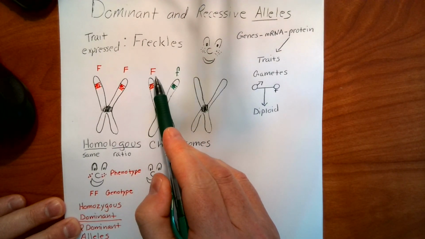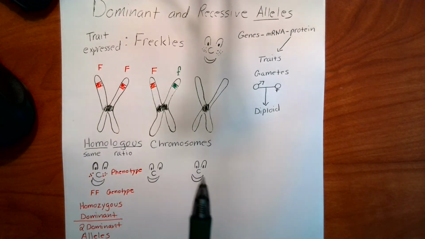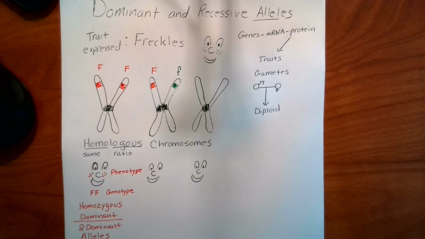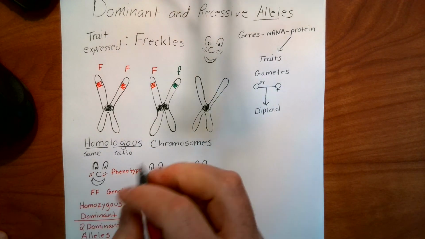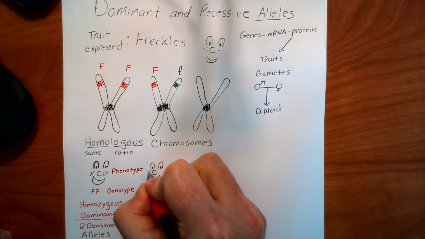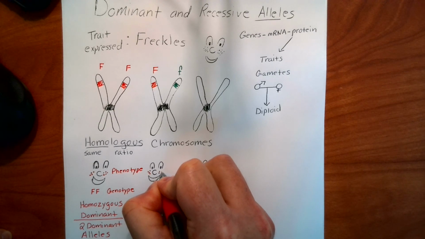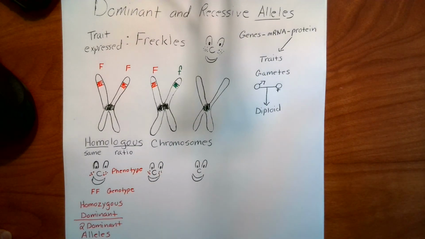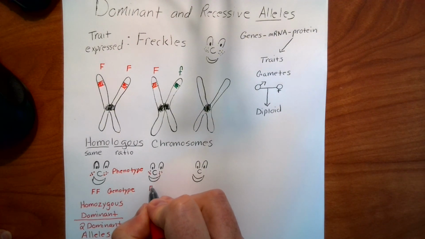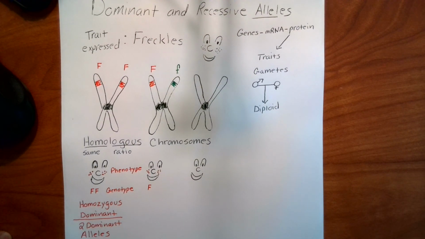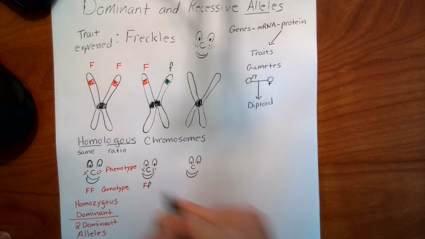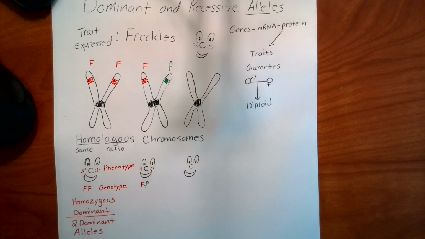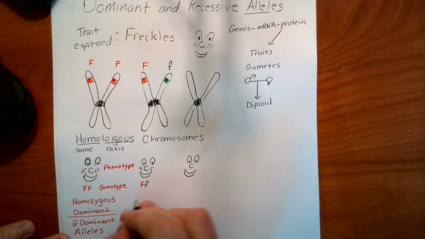This one is for freckles. So this person is what's called heterozygous. And their phenotype is, even though they have freckles, they're a little different from the previous individual. They have one dominant allele, and then they have one recessive allele. And that makes this person heterozygous.